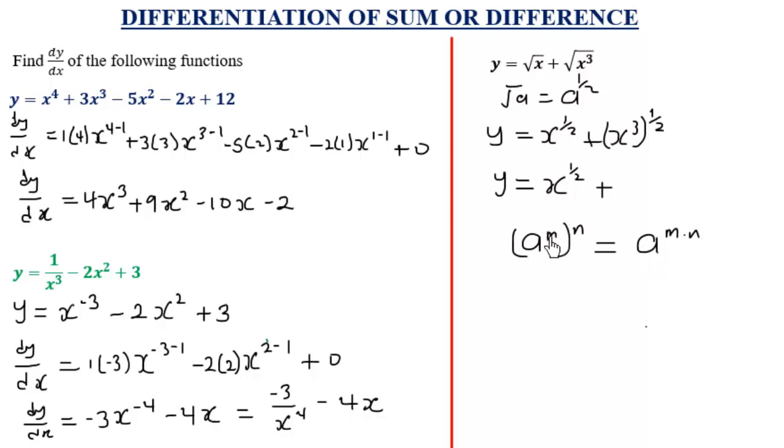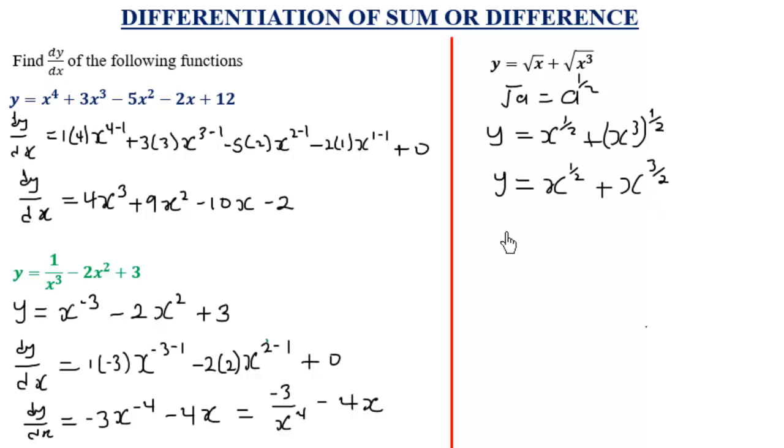So we have two different exponents here. So what do you do? The exponents will multiply. So let's apply this on what we have here. So that's going to be x to the power, 3 times half will give us 3 on 2.